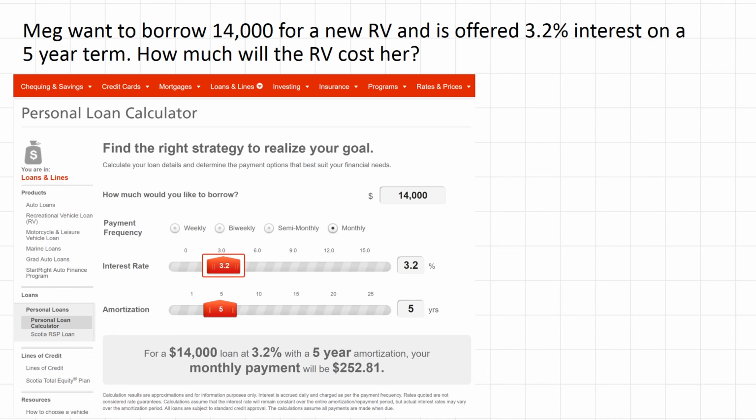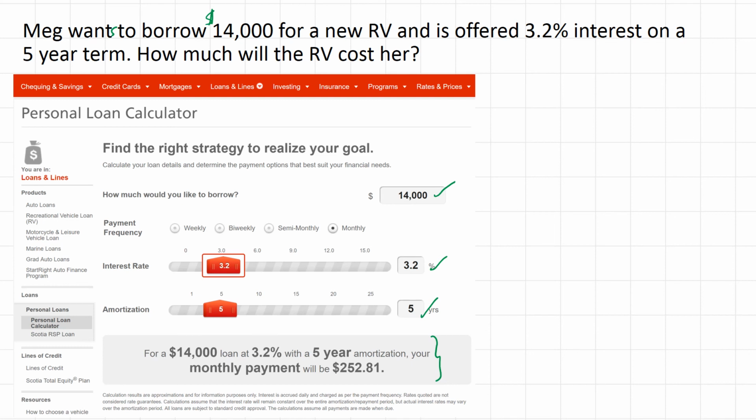So let's take a look at a couple of things first. First of all, this should have a dollar sign here. She wants to borrow $14,000. I've run it through the calculator and noticed that it's $14,000. The interest rate is 2%, and she's going to borrow it for 5 years. And the results are summarized in this little paragraph down here.